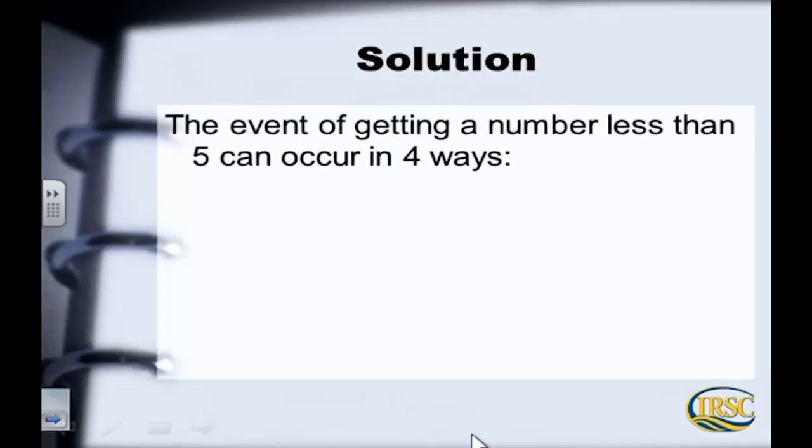Okay, so the event of getting a number less than 5, we're thinking of that. The event of getting a number less than 5, that's our numerator. It can happen in 4 ways. So you could either get a 1, 2, 3, or a 4.